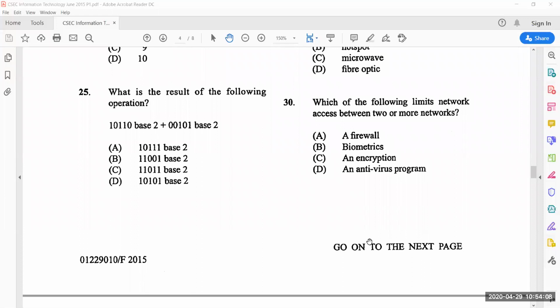Number 30, which of the following limits network access between two or more networks? Firewall. I think that is the functional firewall, right? Correct, exactly. So the firewall would help limit access between two or more networks.